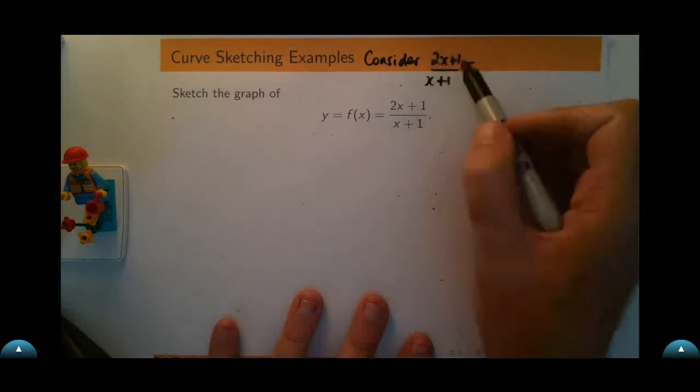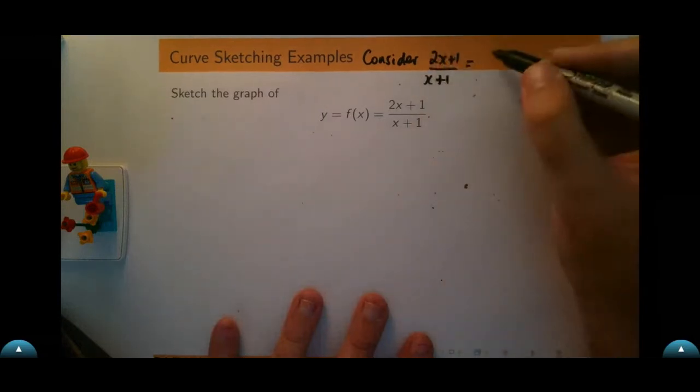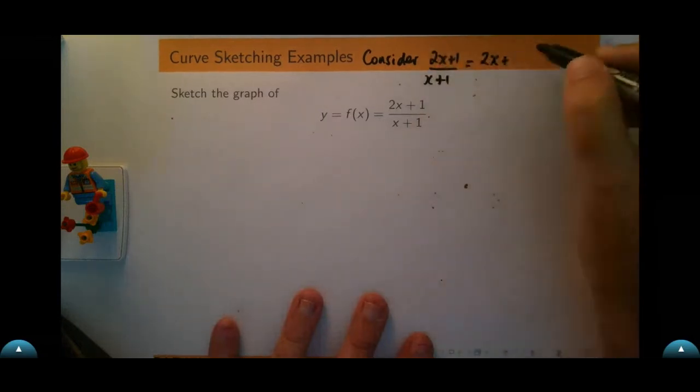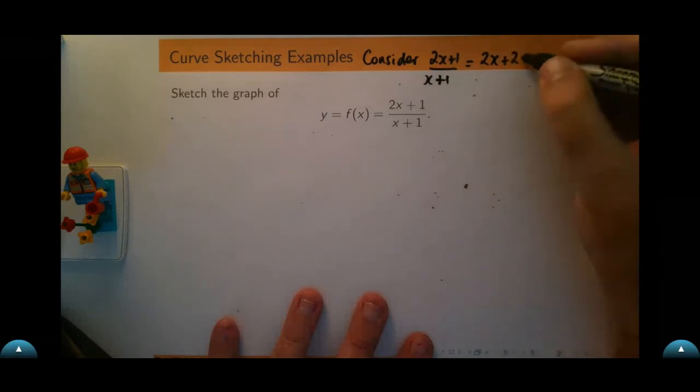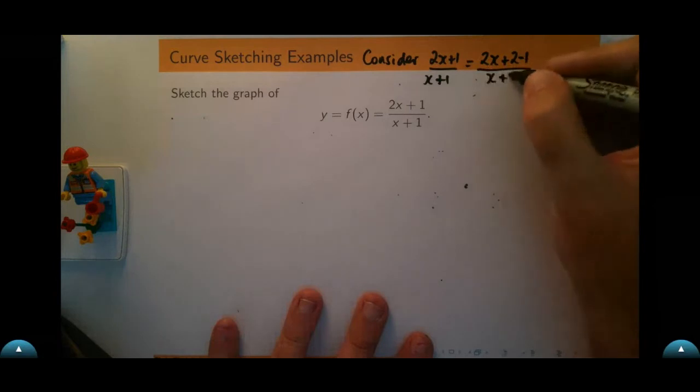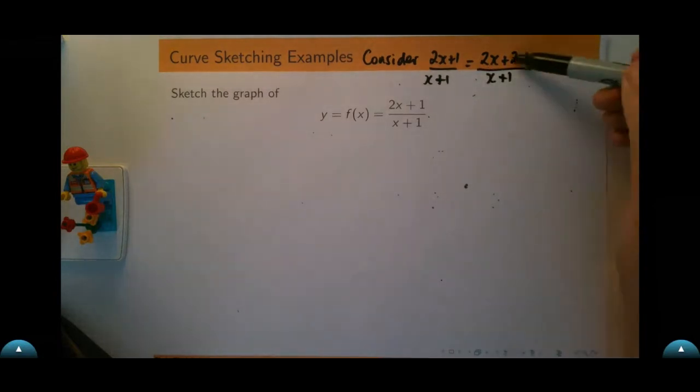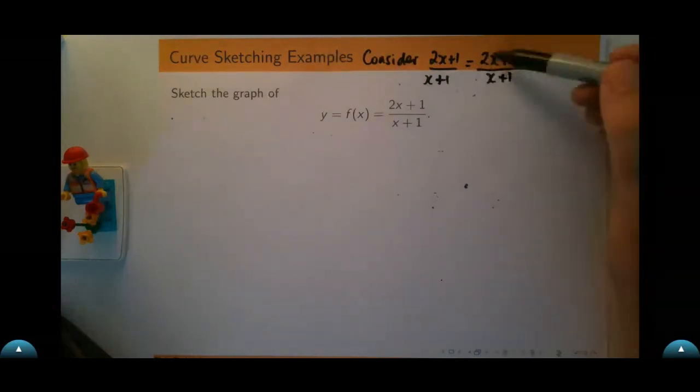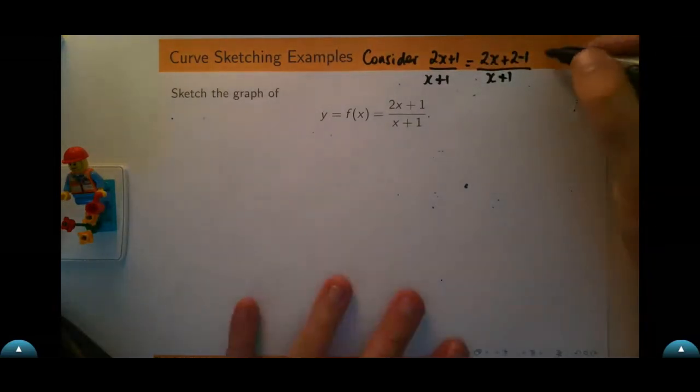So I'm going to play with the numerator. Okay, and I can write it like that. All I've done there is I've added 1 to the top, and I've subtracted 1, and I'm trying to get something like x plus 1 in the numerator.